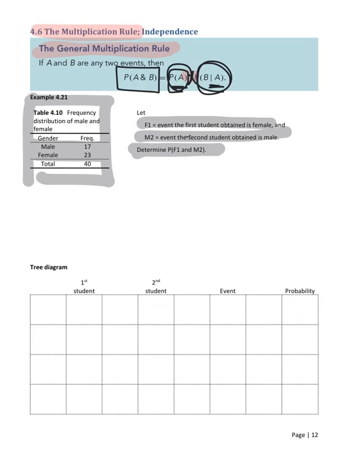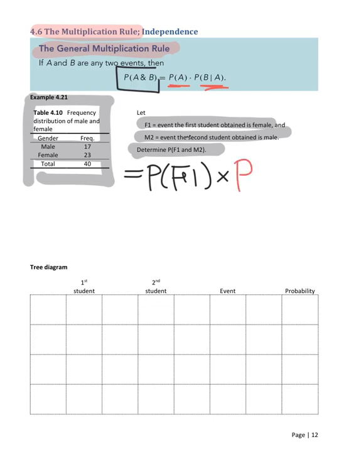So now we can apply the general multiplication rule. It will be the same as the probability of F1 times, be careful about the order. Look at this. Here is the probability of A, and the second one is the other one, B given A. Now F1 is the A, so F1 should be the given.